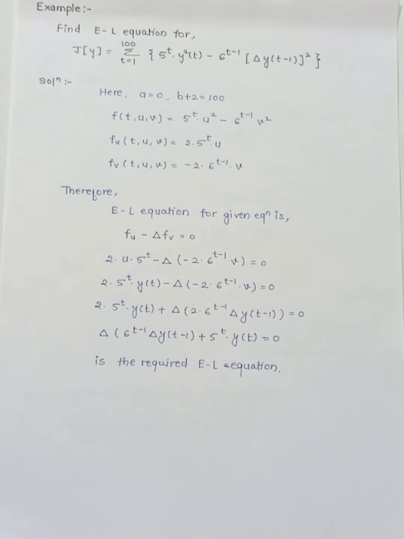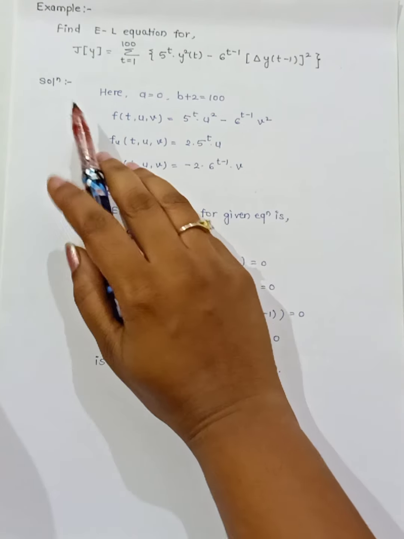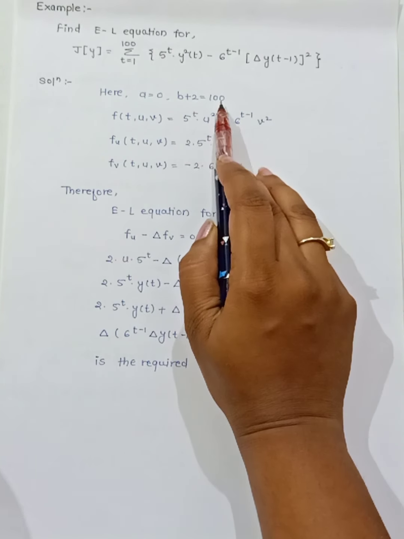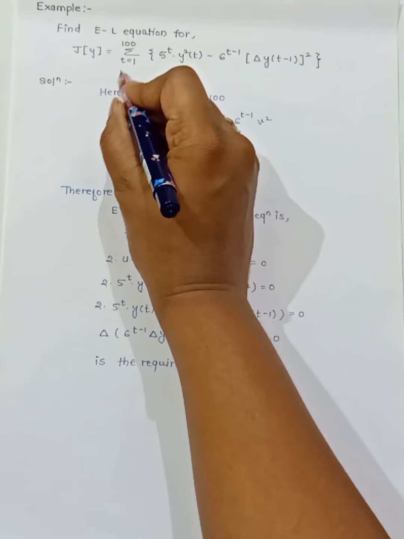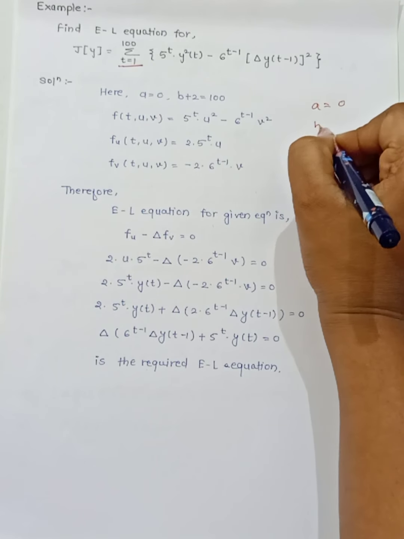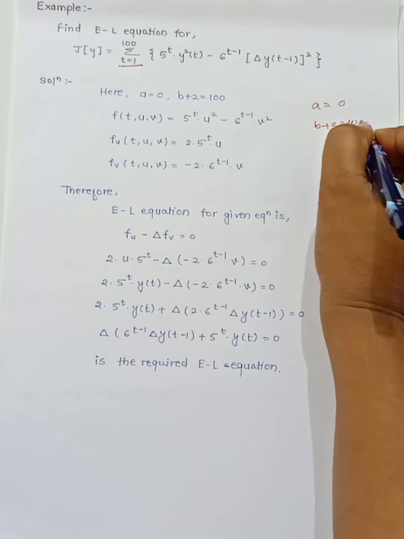So we have to find the EL equation for the given expression. Now the solution. Here a equals 0 and b + 2 equals 100, from this summation.